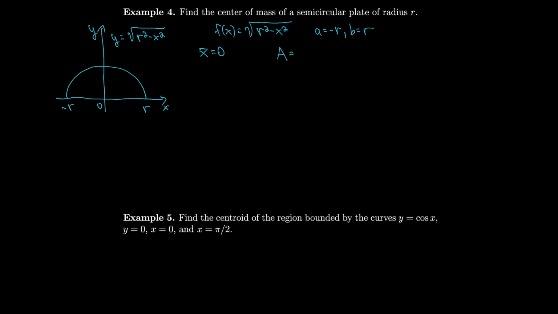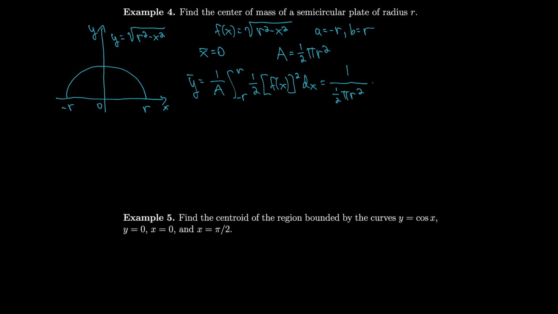Our total area is the area of half of a circle, so that's half of pi r squared. And now we can get that y bar is 1 over that area times the integral from minus r to r of half of f of x squared. So that's 1 over half pi r squared times this integral over here.